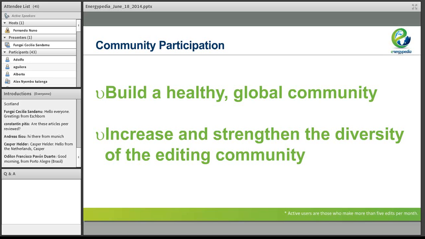Despite our continued growth in articles and readership on Energypedia, out of over 3,000 registered users, only about, on average, 50 users are actually active editors. Active means that these editors have made at least 5 edits in the last month on the platform. So at the moment, I guess our work is both unique and new, so it's not quite clear to us whether these numbers will prove to be sufficient in future to sustain information on the platform.